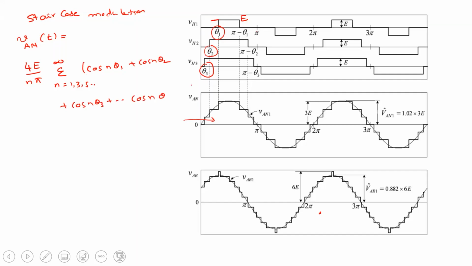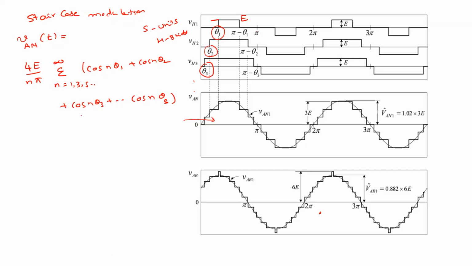For example, if you have S H-bridges in series, cos n theta S. So we have S units of H-bridges in cascade. So it is 4E by n pi, sigma n equal to 1, 3, 5.